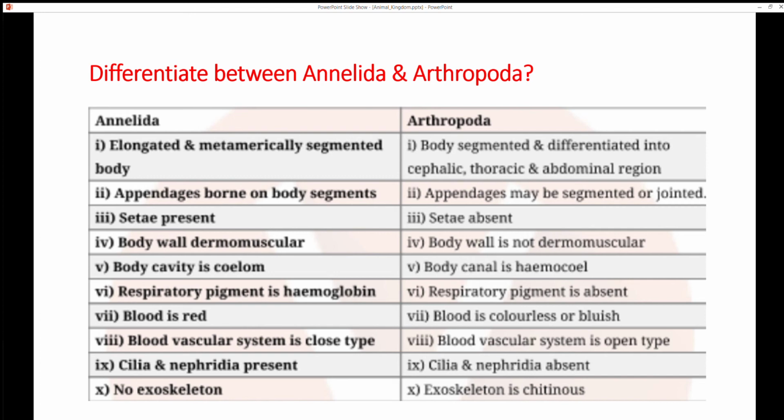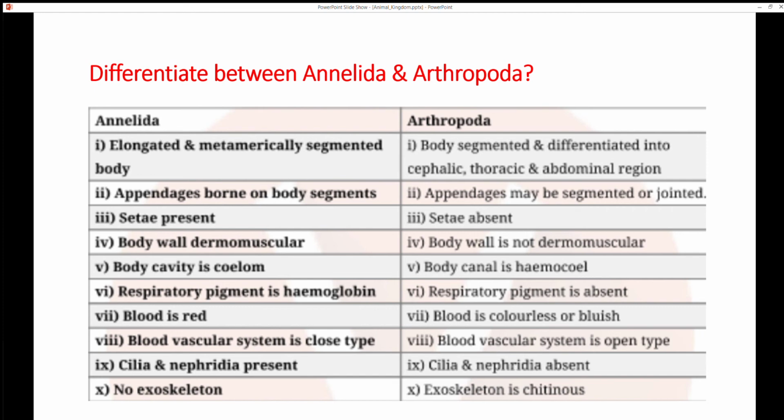Annelida is nothing but annulations, which are segmented, and the elongated body contains many segmented parts. Whereas in Arthropoda, the body is segmented and differentiated into three parts: head, thorax, and abdomen, that is, cephalic, thoracic and abdominal regions.